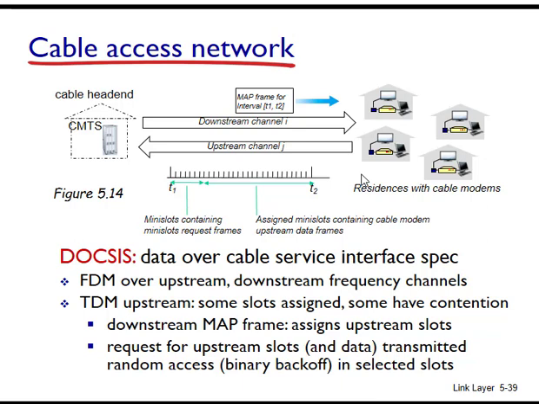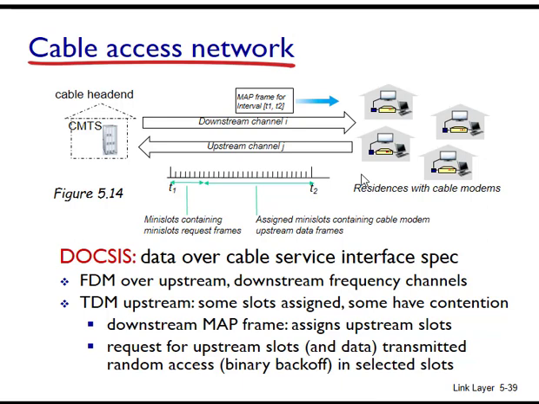When a collision is inferred, a cable modem uses binary exponential backoff to defer the retransmission of its mini-slot request frame to a future time slot. When there is little traffic on the upstream channel, a cable modem may actually transmit data frames during slots normally assigned for mini-slot request frames and therefore avoid having to wait for a mini-slot assignment.